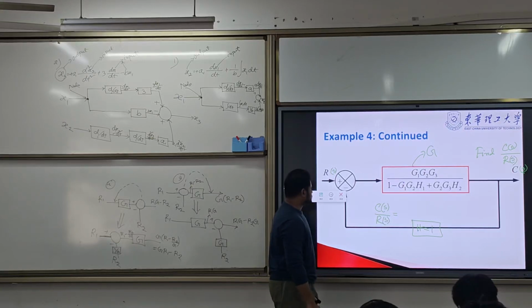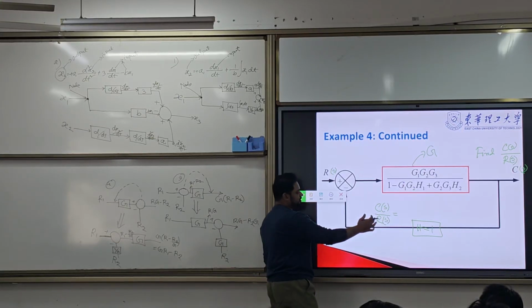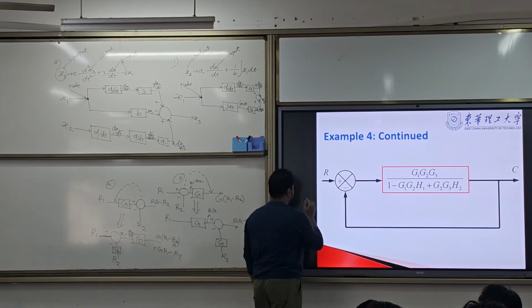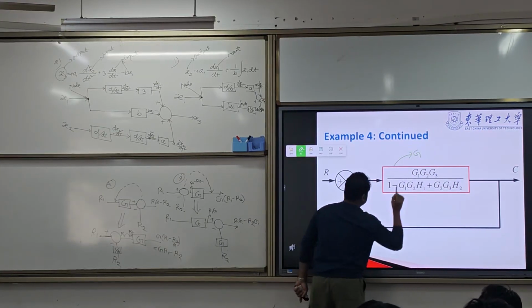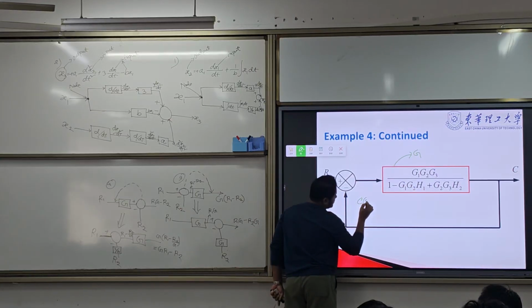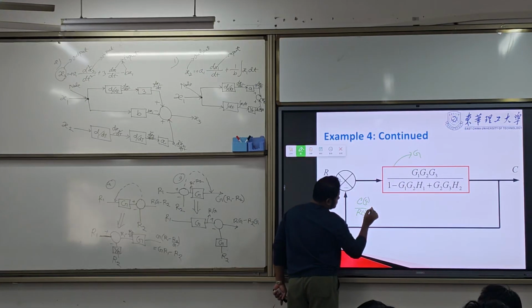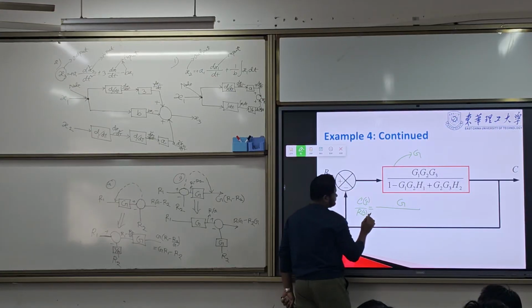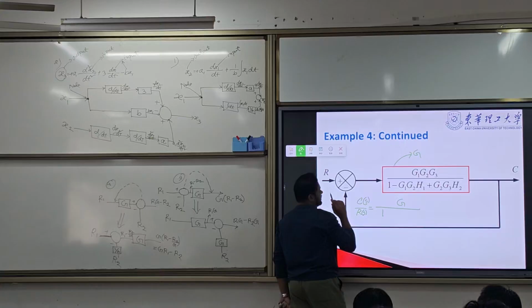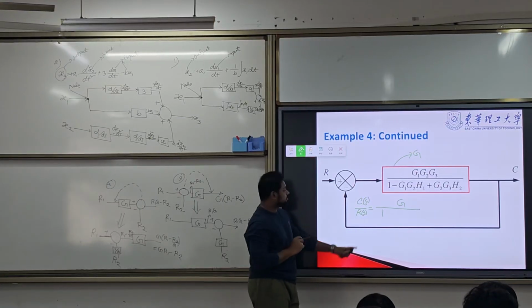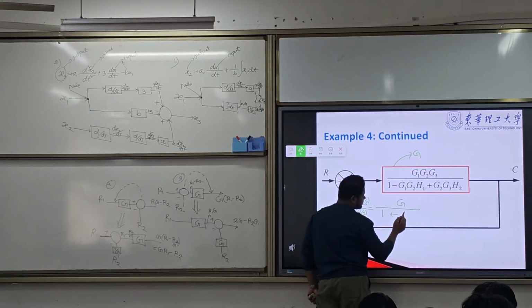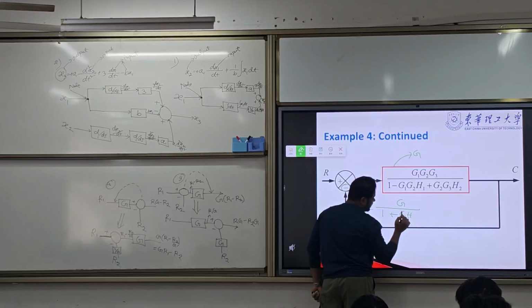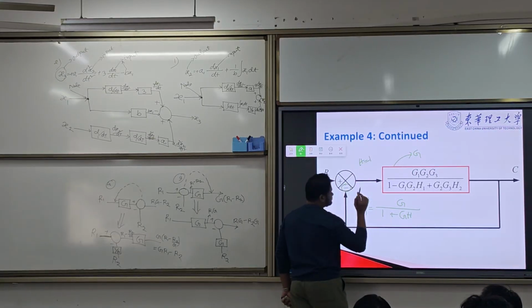So you need to solve that here. I will write it down. Here this is G. So I am writing it down, CS by RS. G by 1 plus, because I have a minus sign, plus GH, here this H is equal to 1.